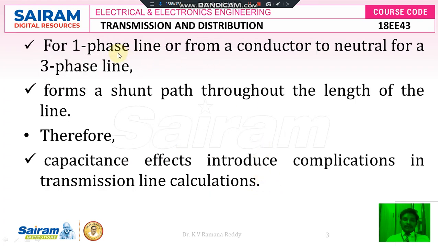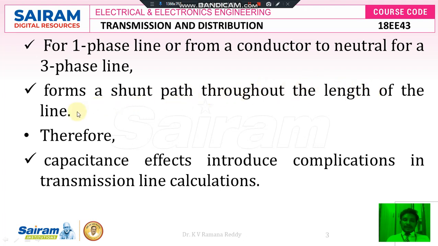We can calculate the single phase transmission line capacitance with respect to neutral, or for a three phase transmission line we can also calculate line capacitance with respect to conductor and neutral, and it forms a shunt path. That means it forms a shunt capacitance which exists for the given length of the transmission line.